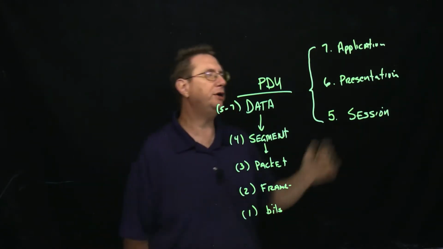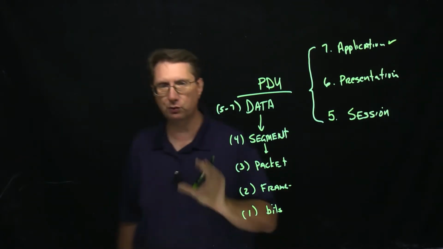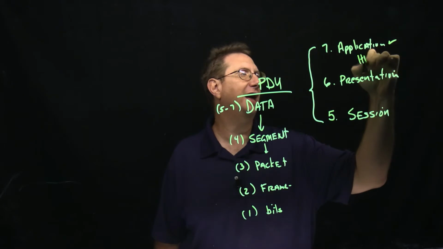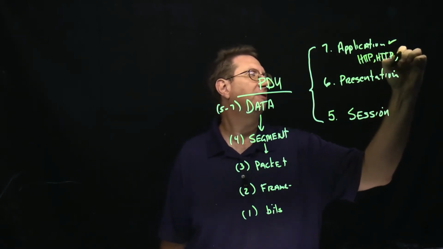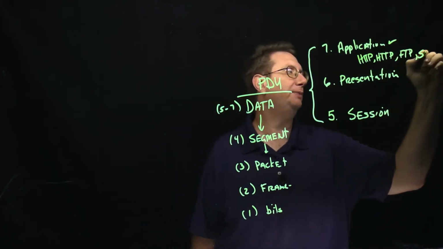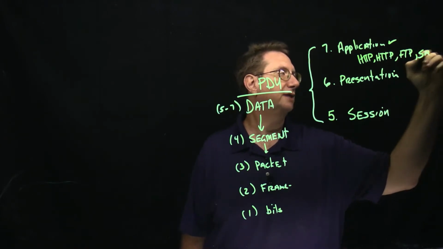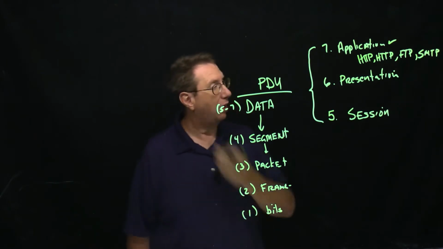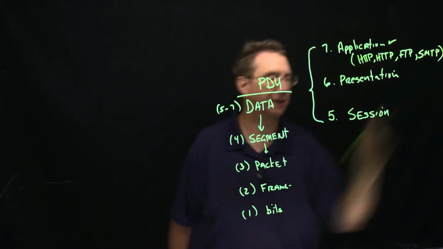Now, I want you to understand, first of all, that applications are not user applications. These are network applications. These are services like HTTP, HTTPS, FTP, File Transfer Protocol, and SMTP, so it's going to be Simple Mail Transfer Protocol. And those elements are all considered to be network applications.